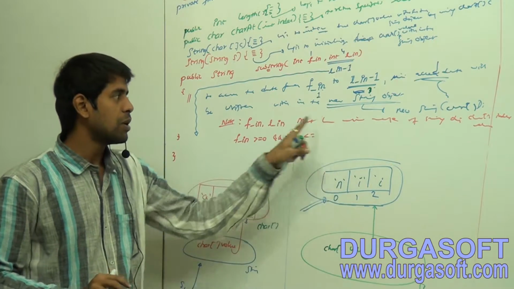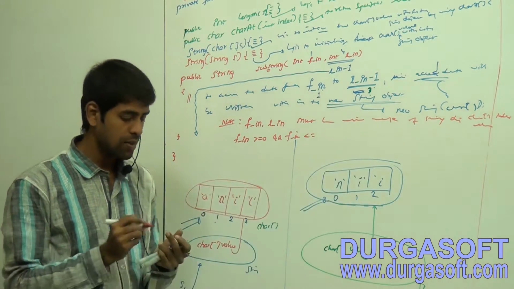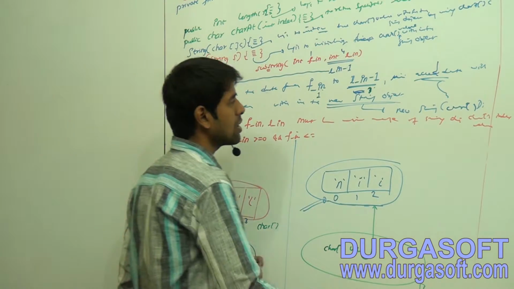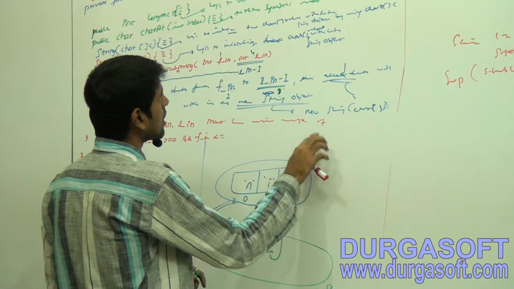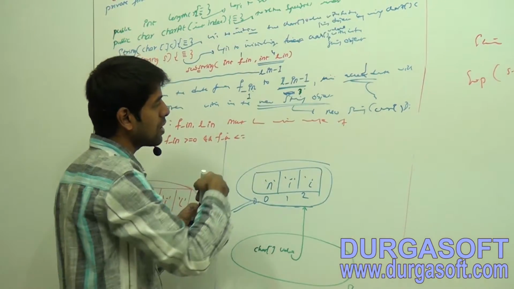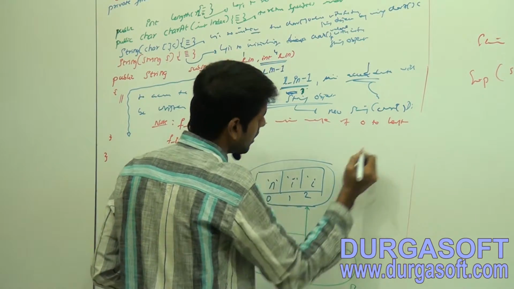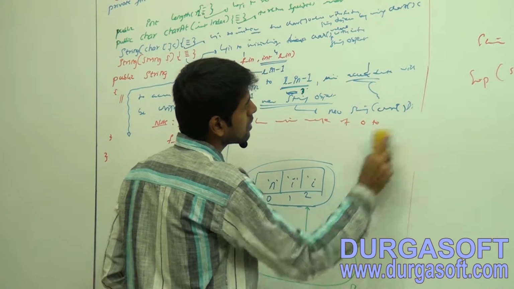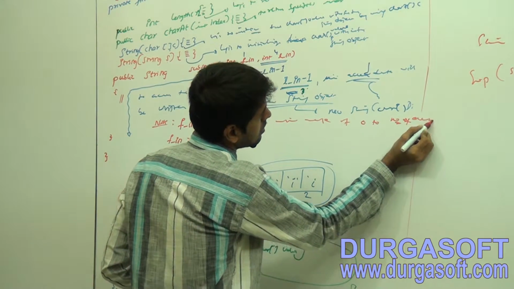Let me optimize this one. It must be within the range of, observe here, within the range of 0 to the length method return value, or else the number of elements. That's it, simple thing.